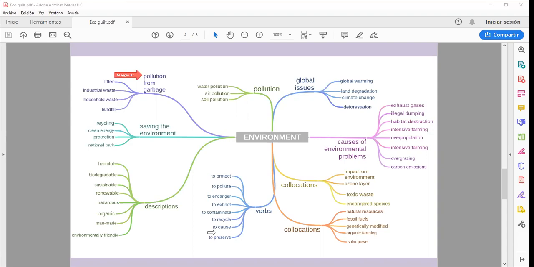But what does litter mean in Spanish? Basura. Aha, litter.